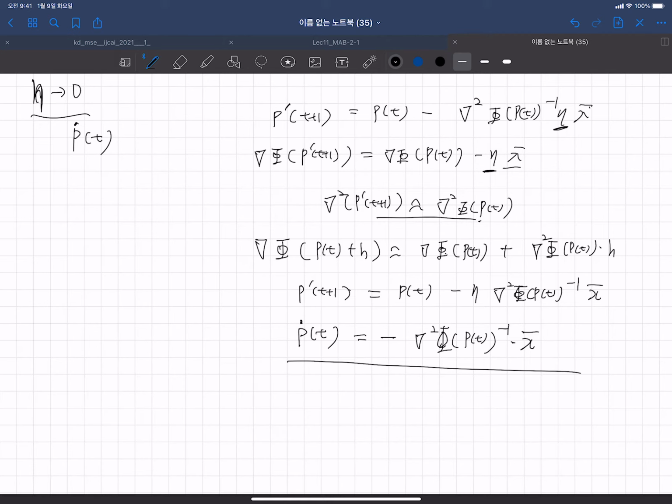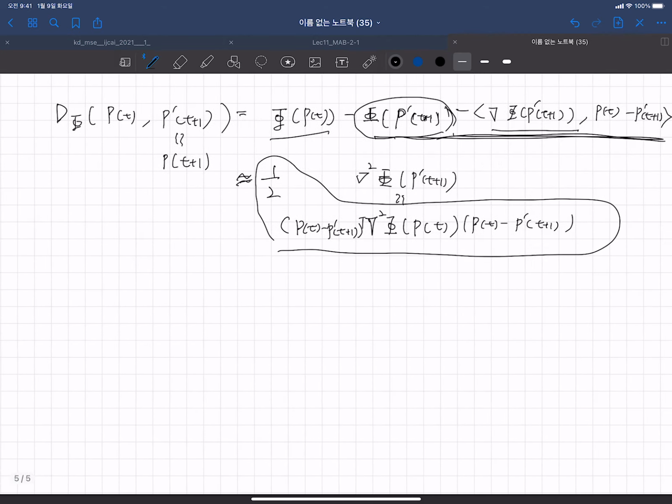Using this fact, this is approximately 1 over 2 times p dot t, and again p dot t; the minus signs cancel out because we multiply minus and minus.